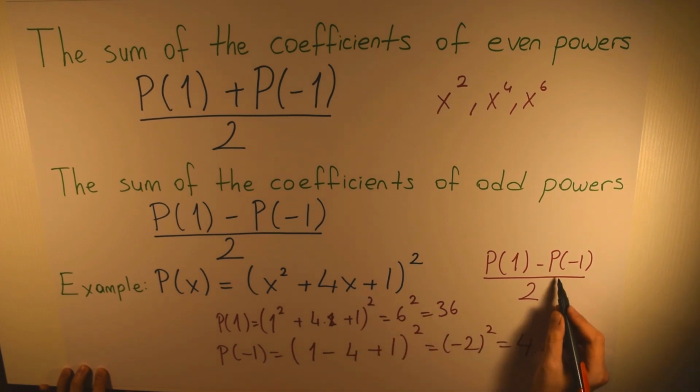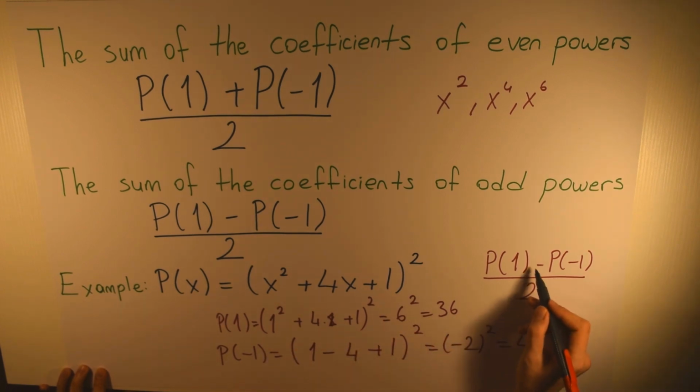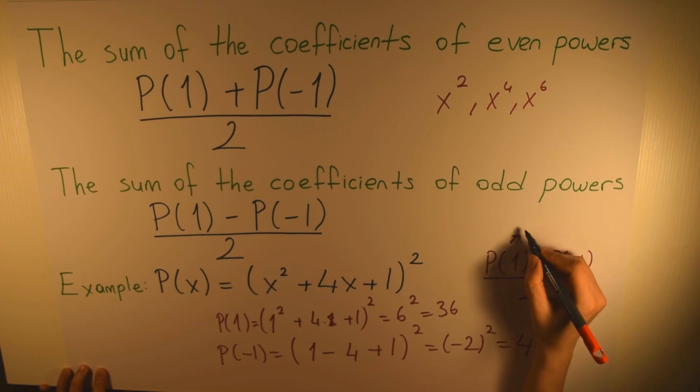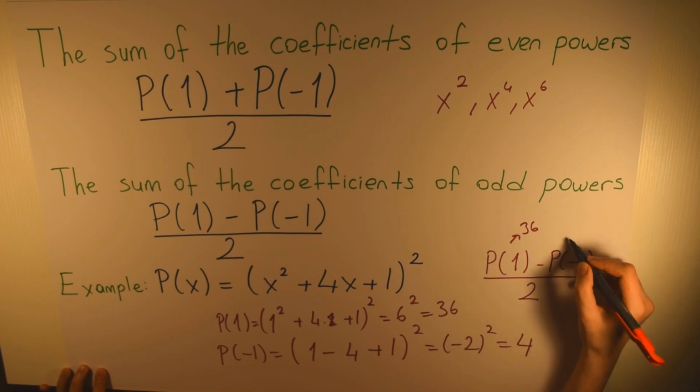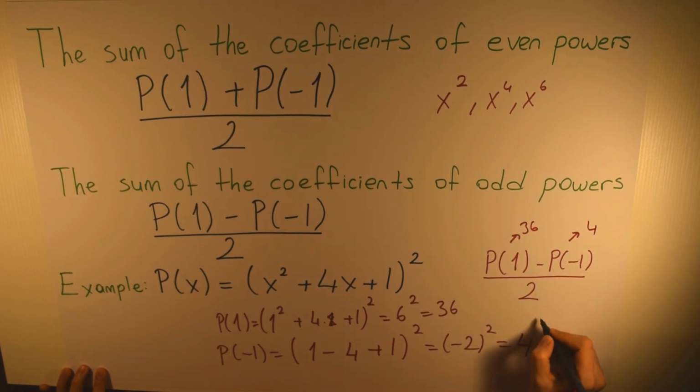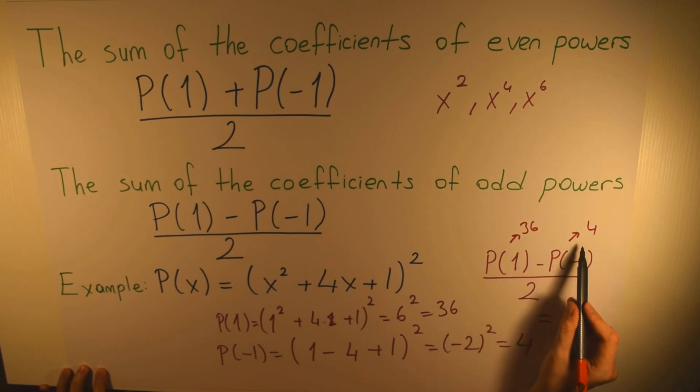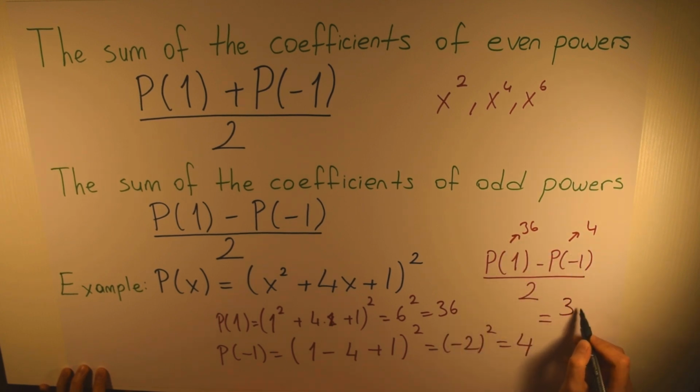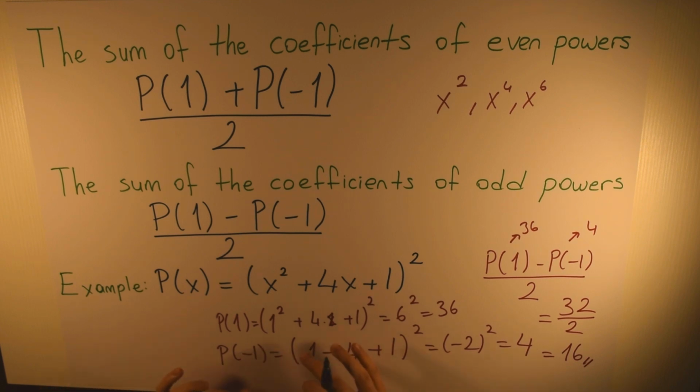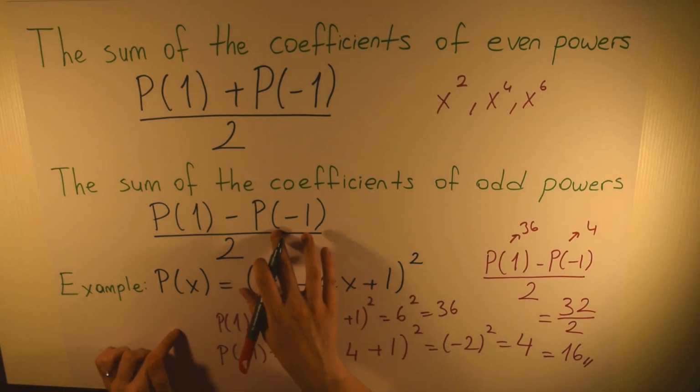So we put in the formula what we get. p(1) is equal to 36, p(minus 1) is equal to 4, so this is equal to (36 minus 4) over 2, it's 32 over 2, and from here we get 16. All you need to do is just put the values in these formulas.